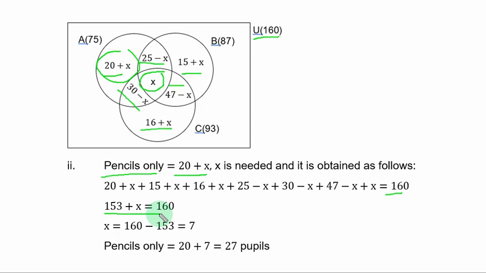If you collect like terms, you have S equal to 160 minus 153, and that is 7. Therefore, pencils only is equal to 20 plus 7, and that is 27 pupils have pencils only.